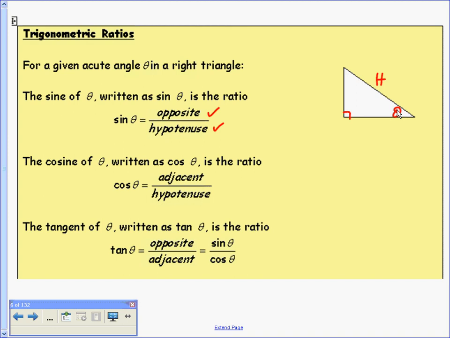If this is theta, then we have our opposite side here, and our adjacent side here. Okay, so sine of theta is going to be the ratio of the opposite to the hypotenuse. Cosine is the adjacent to the hypotenuse, and tangent is opposite over the adjacent, or sine theta over cosine theta.